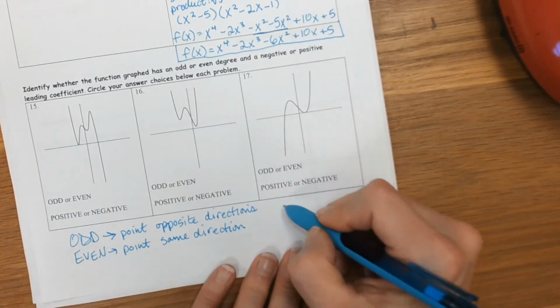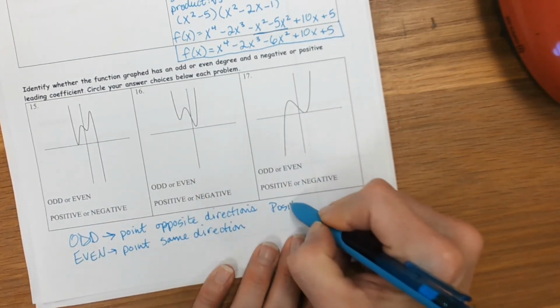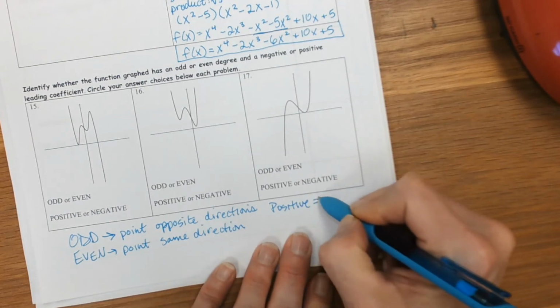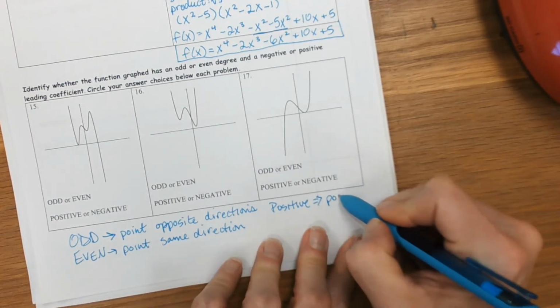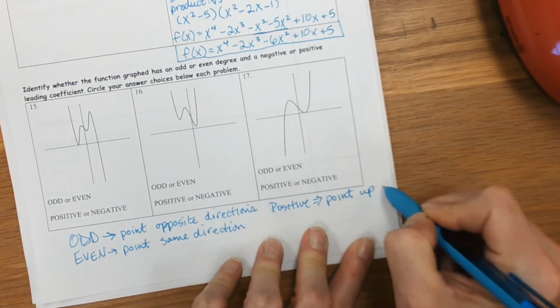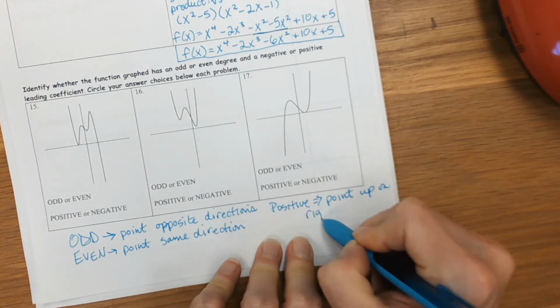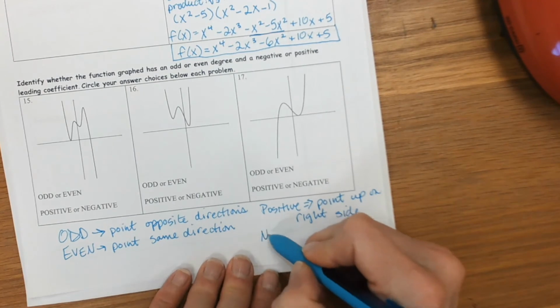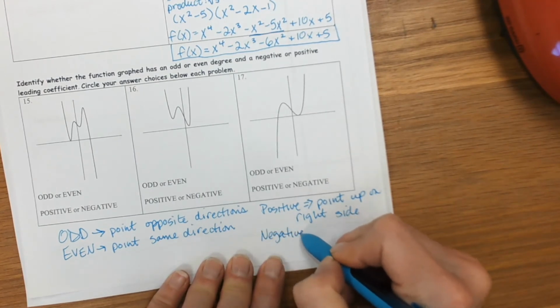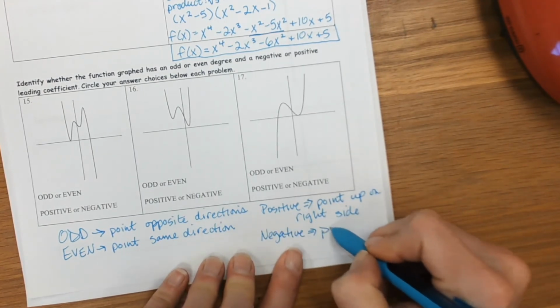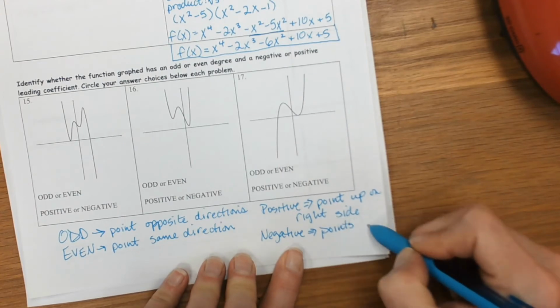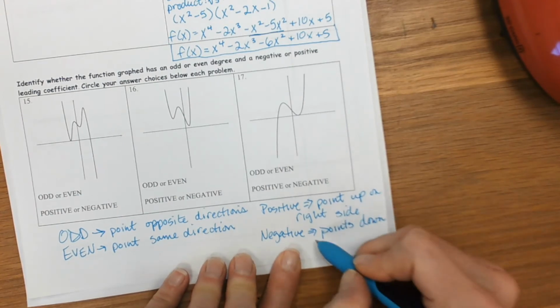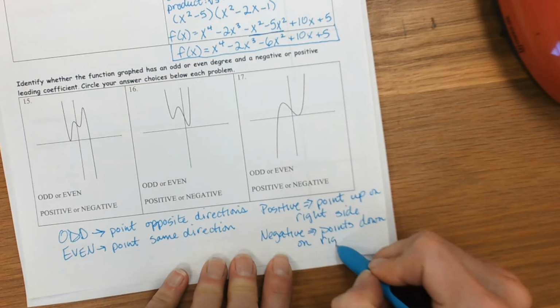So if it's positive, it is pointing up on the right side. And if it is negative, it points down on the right side.